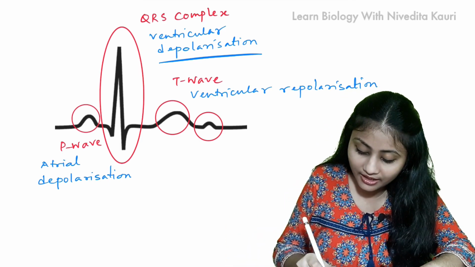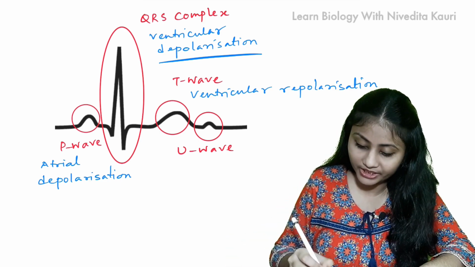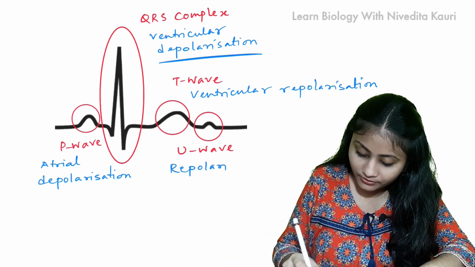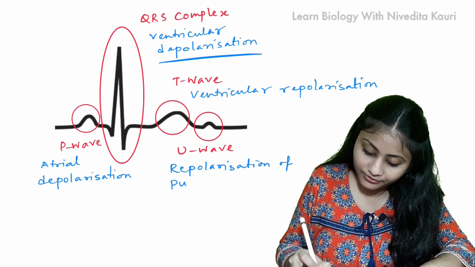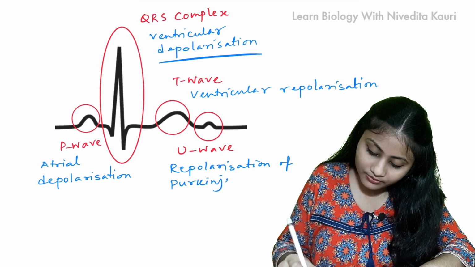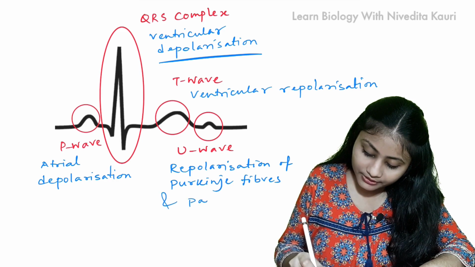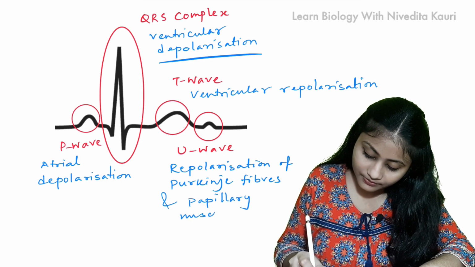It is known as the U wave. U wave represents the repolarization of Purkinje fibers and the papillary muscles.